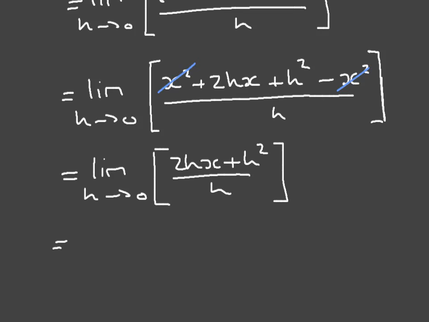I can see that there's a common factor now on all of these terms. There's an h here, an h squared here, so I can get rid of one of them, and an h here. All of the terms are being multiplied by h, so we can get rid of that common factor. And so the next line would be the limit as h tends towards 0 of 2x plus h.